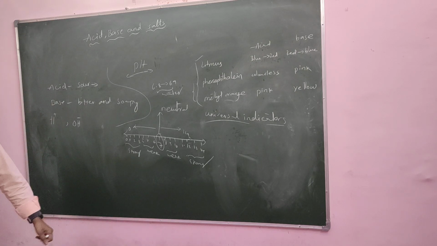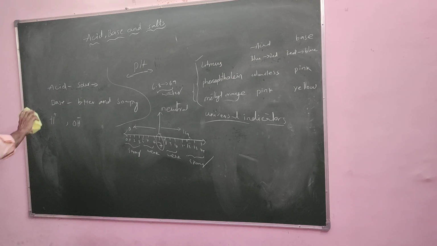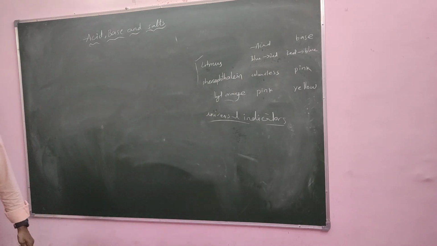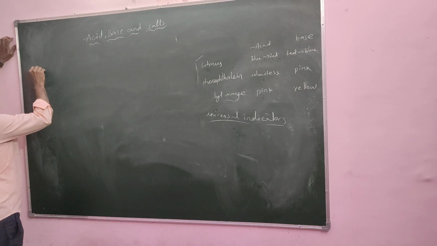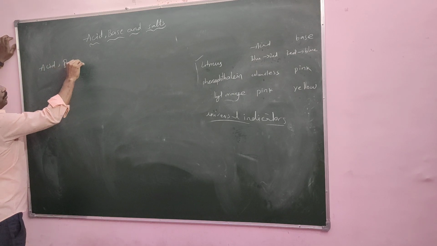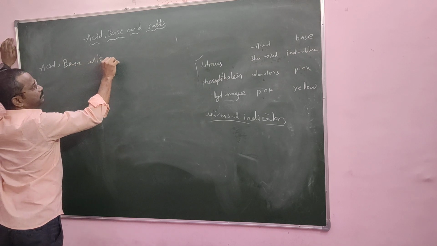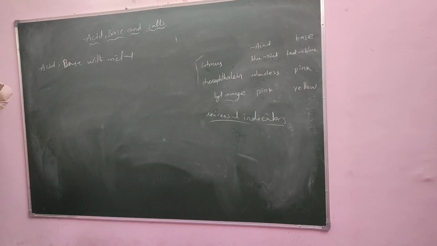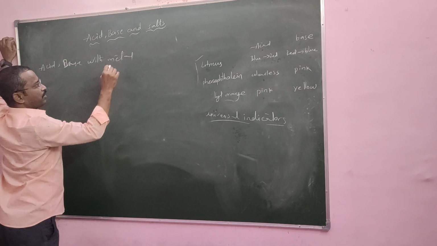When you go to the properties of them, first property, acid and base with metal. This example you can write on your own, not exactly as given in the textbook.